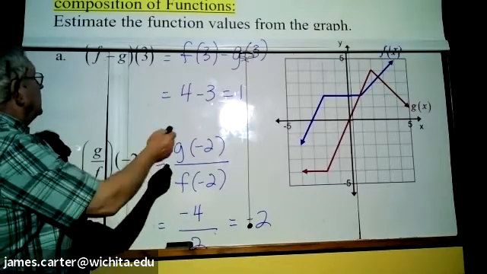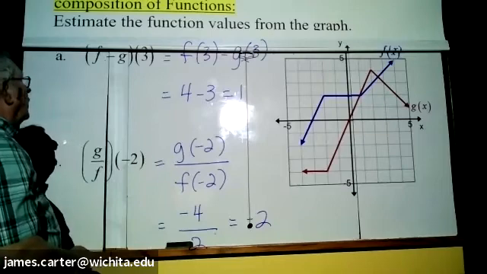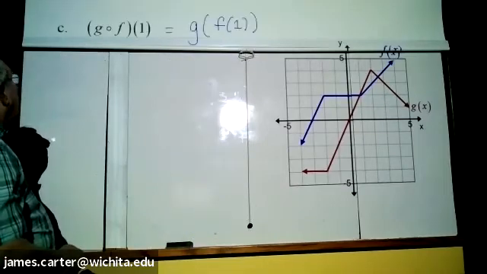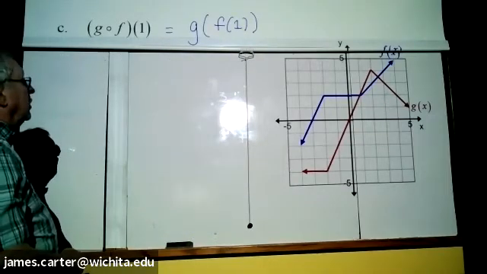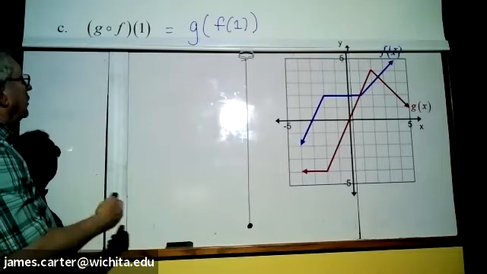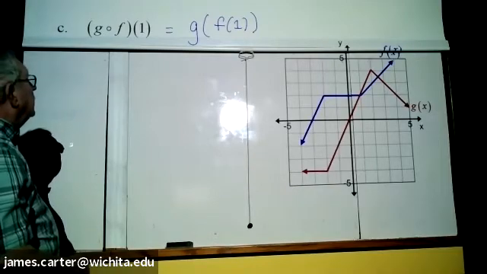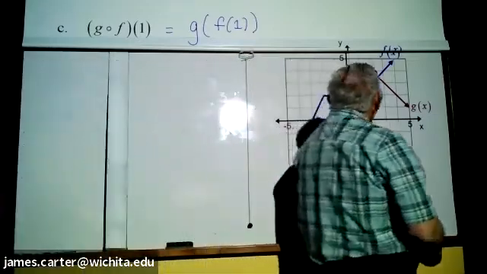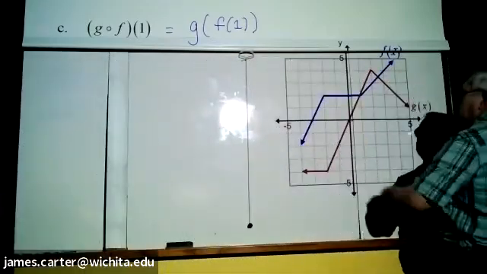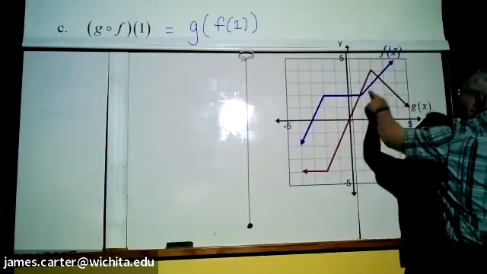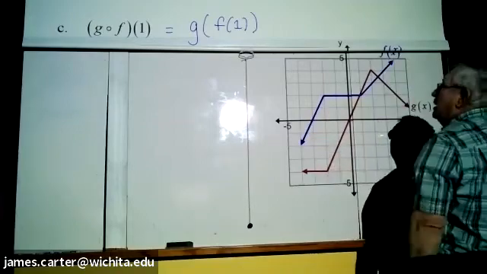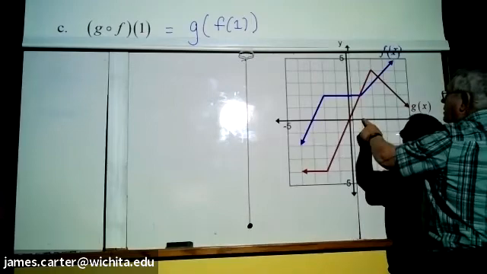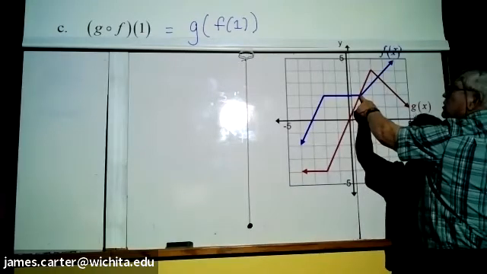Oh, it says estimate the functions from the graph. Okay. That's where I went wrong. I tried to find the equations rather than doing what the problem said. Okay, so if this is the f equation, then f of 1 is going to be 2.